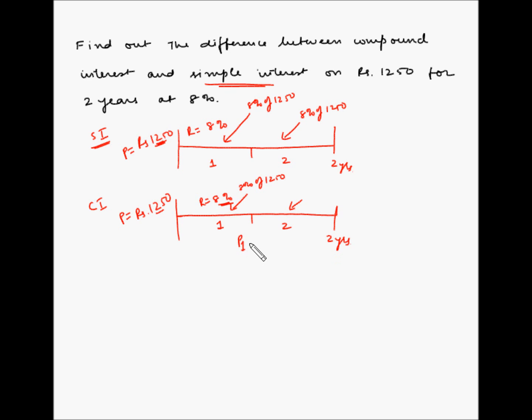So P1 will be equal to P, which is the principal at the beginning of first year, plus the interest gained during the first year. So for the second year the interest will be 8% of 1250 plus the interest earned during the first year.